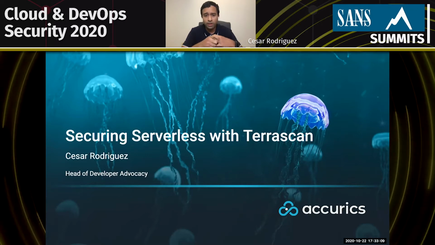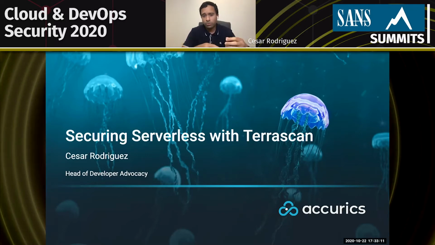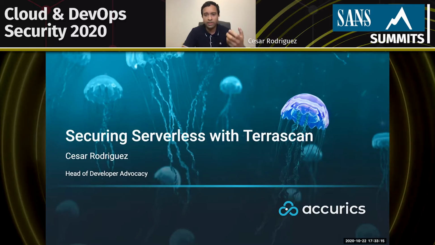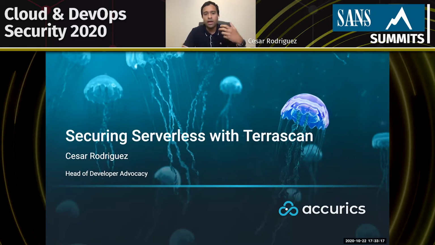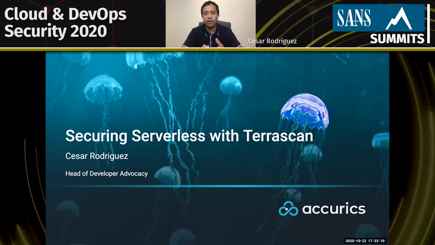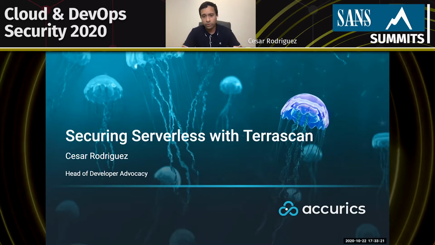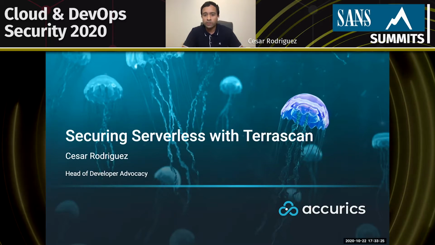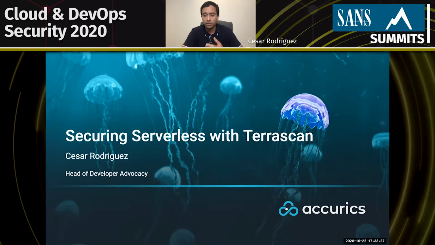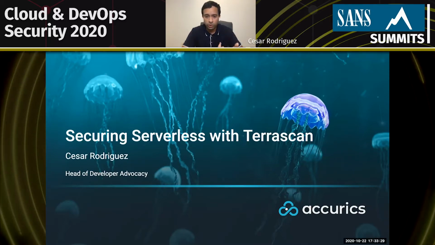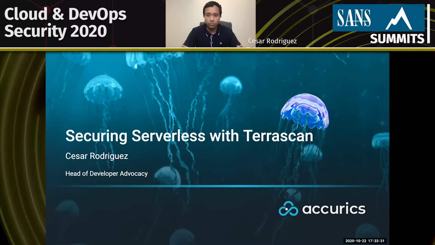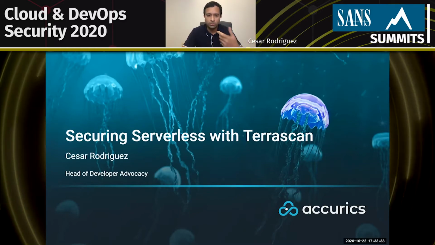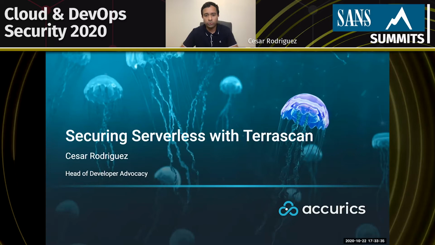So after my first big cloud migration project, I realized that the power of the cloud comes from having an API that lets you control and automate every aspect of the environment, from provisioning and configuration of your infrastructure to securing that infrastructure. So today we're going to discuss how to secure those APIs by using infrastructure as code to manage one of the most typical types of workloads in cloud environments, which is serverless. We're going to use an open source tool called Terrascan to do this.